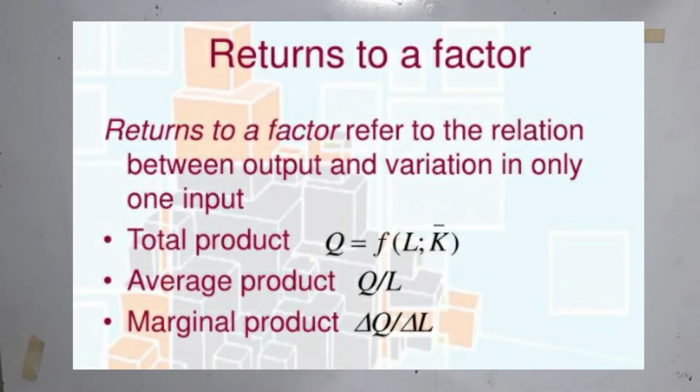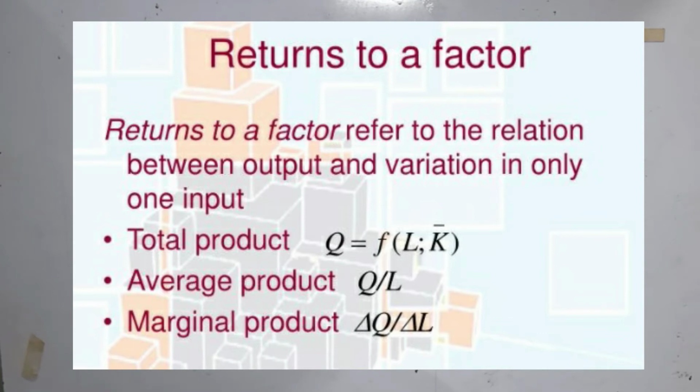Now let's discuss returns to a factor. What is returns to a factor? This refers to the relation between the output and the variation in a single input, holding other inputs fixed. Returns to a factor can be expressed as total, marginal, or average quantities.